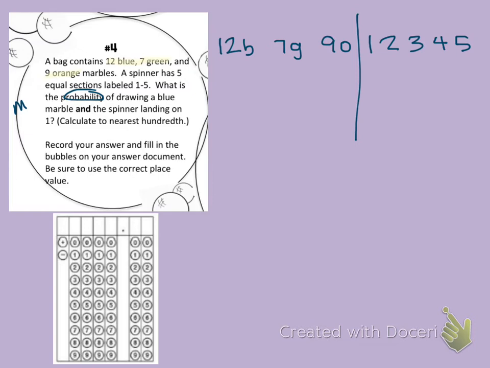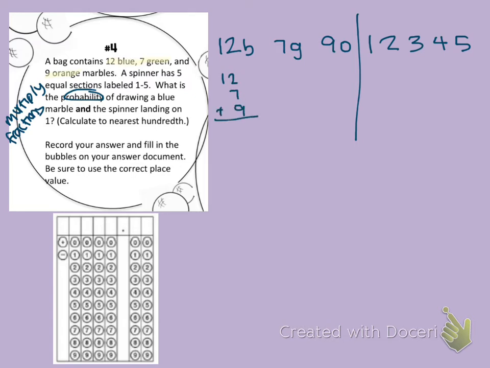That's enough space for me to write this. Let's see. Multiply fractions. Okay, so what is the probability of drawing a blue marble? Well, first off, we've got to find out how many total marbles there are. So 12, 7, 9, we're adding these up, right?